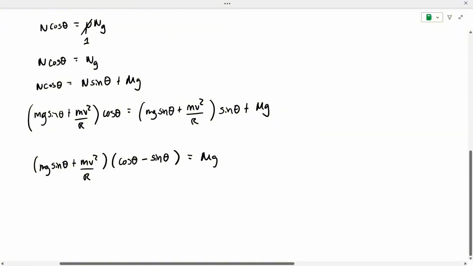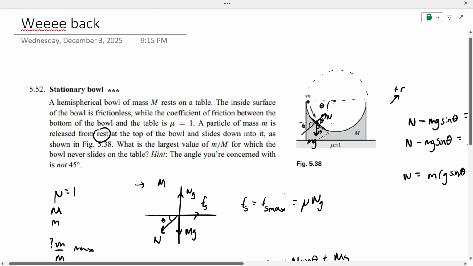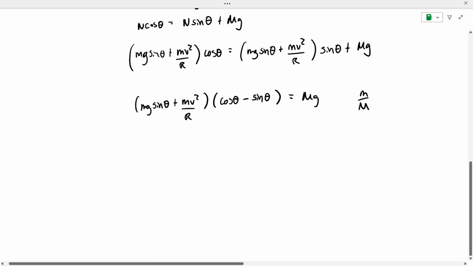Okay, so now that we have that, you may be wondering, what is v squared over r? We will find that out in a second, but first let's get the thing set up. I do believe we want the maximum of m over n. So let's do this. Factor out the m.